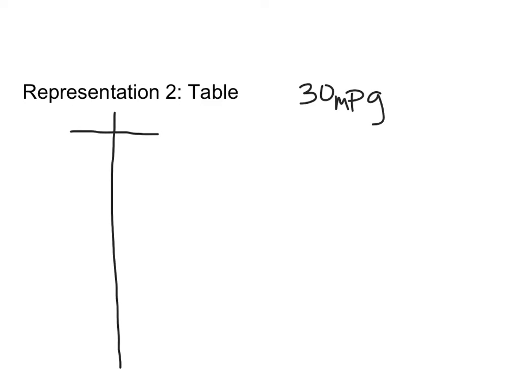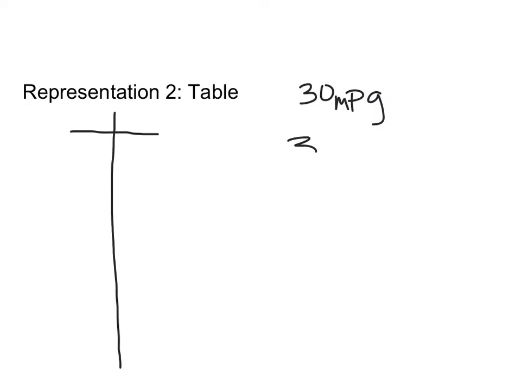The second representation is a table. So I'm going to rewrite what the situation was. So we get 30 miles per gallon is our situation. And now we're going to make a table. So we know how to do this because we did this in our ratio unit, and we now know which variable to put first.